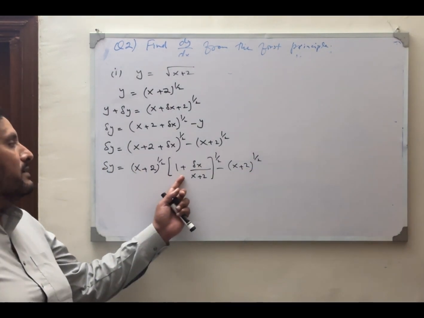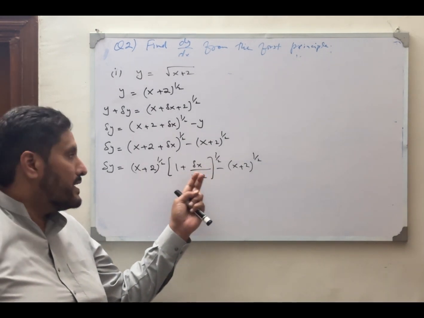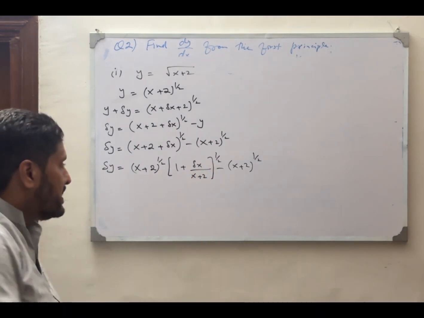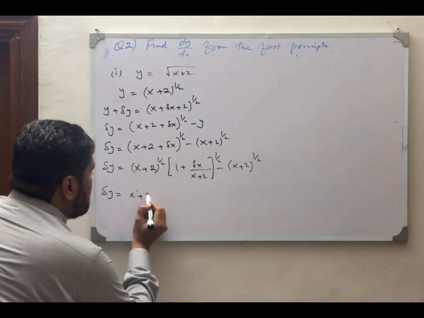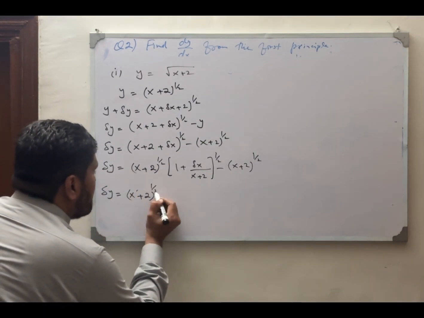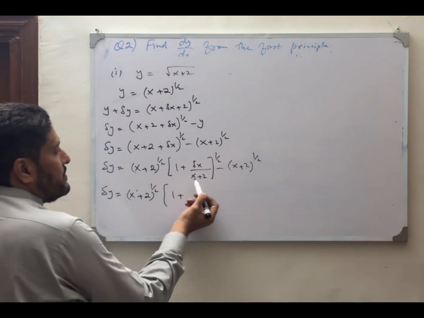So here we have 1 plus x power n in form of binomial expression. So by applying binomial theorem, this will become delta y is equal to x plus 2 power 1 by 2 into 1 plus nx. Our n is 1 by 2 into x plus 2.